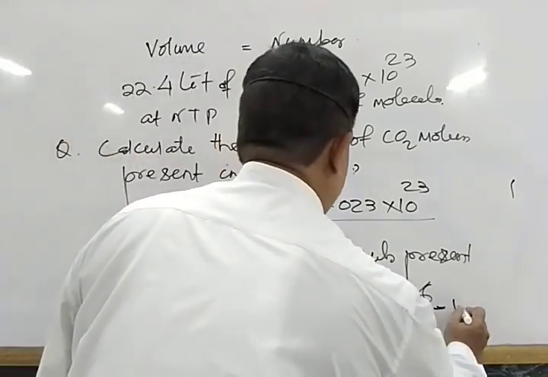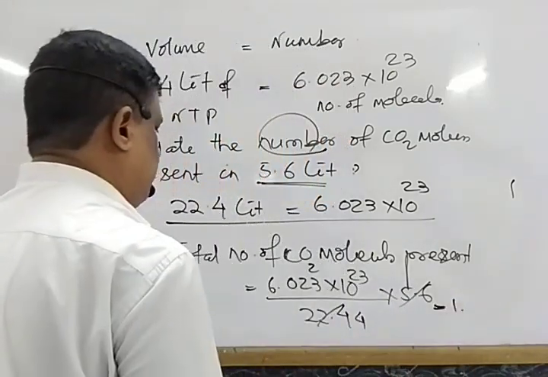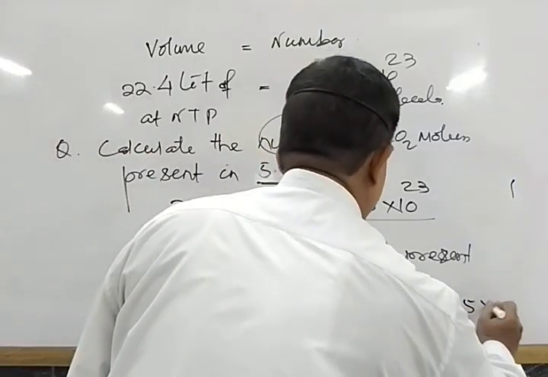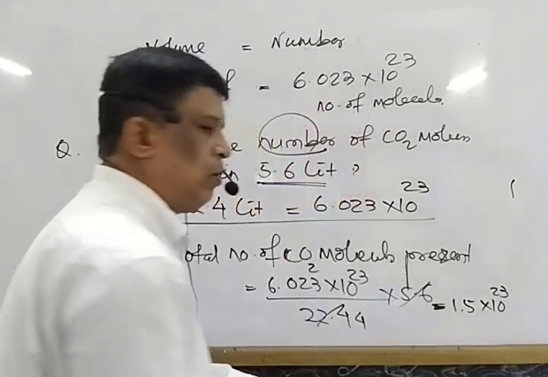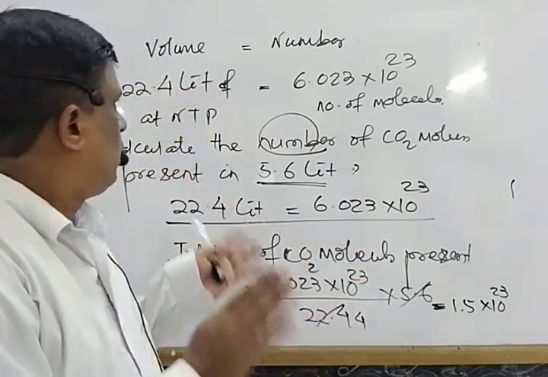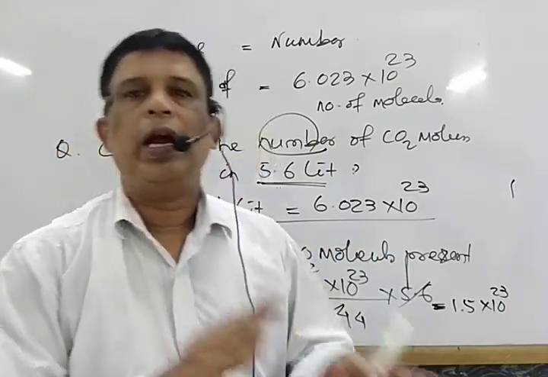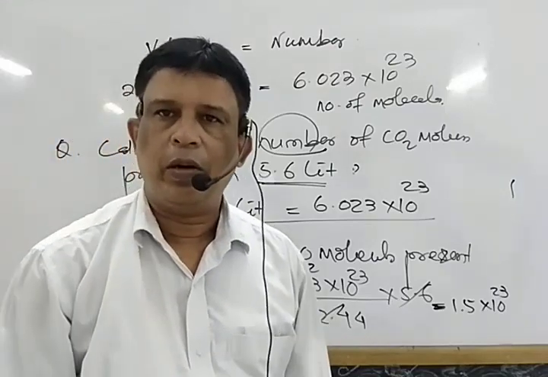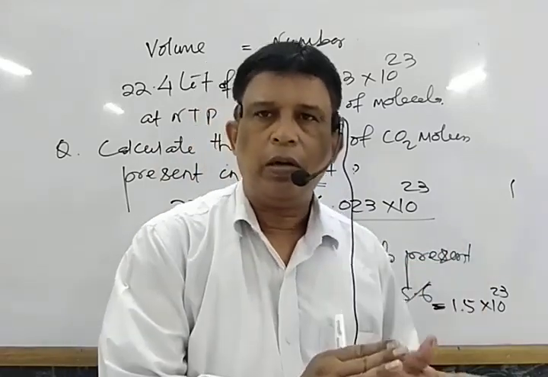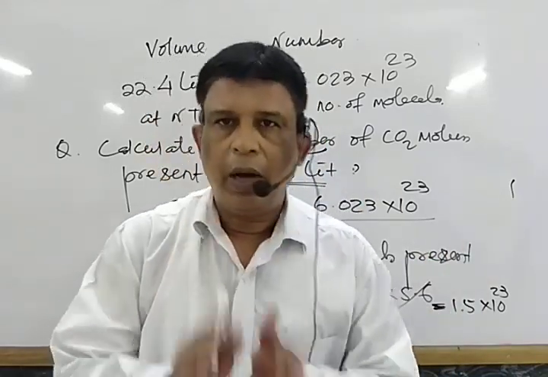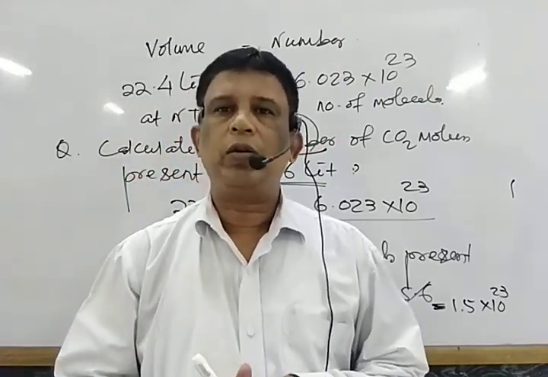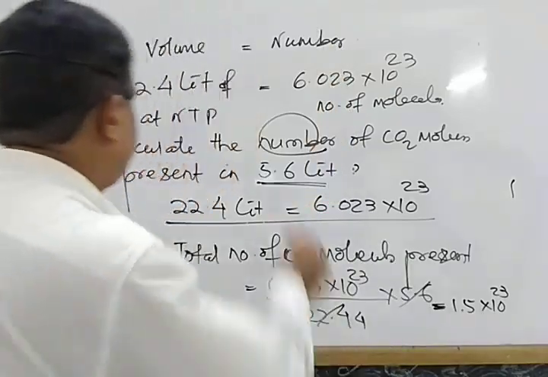So it is equal to 1.5 into 10 to the power 23 number of molecules. So this is a little idea about the relationship between number and volume. Mark that. Now we have completed the relationships of number with mass, mass with volume, and volume with number. Now related to mole, mark that.